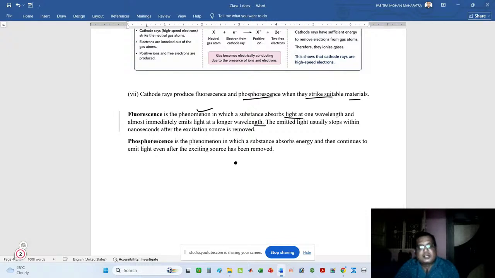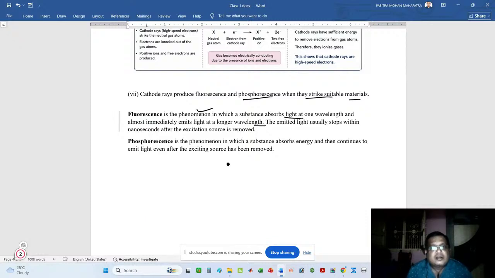That means some substances absorb the light, and after the source is cut off, the object still shows light for a few nanoseconds.